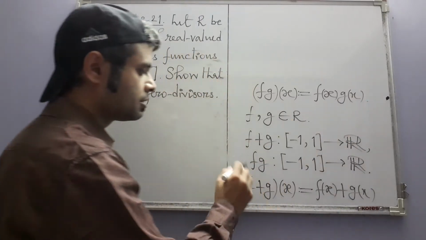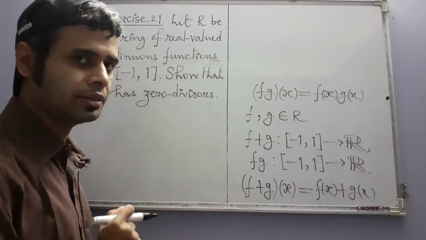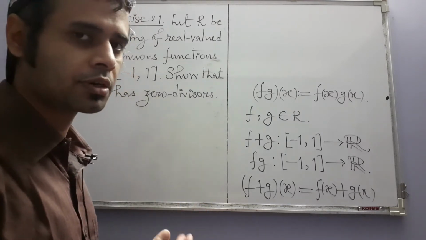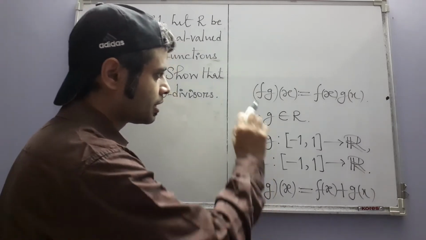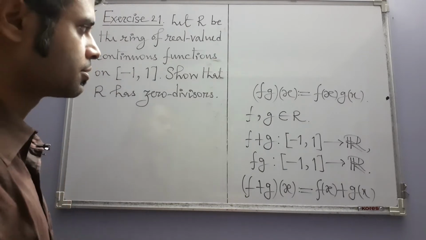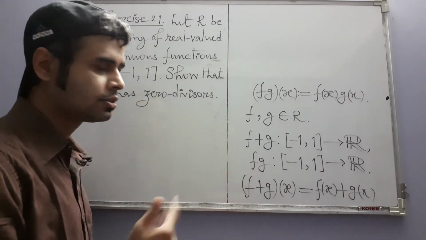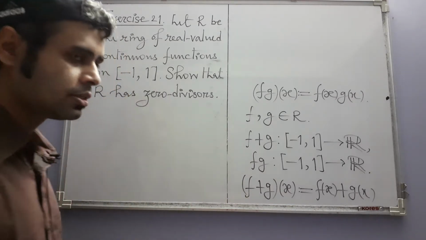With respect to this addition and this multiplication, R forms a ring. And of course, from our usual results from calculus or analysis, we know that sums and products of continuous functions are again continuous functions. So that's why all the ring axioms are true in this case, which one can verify, of course. And so this forms the ring.